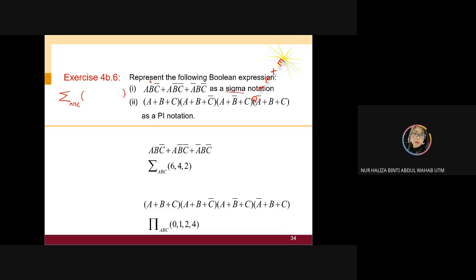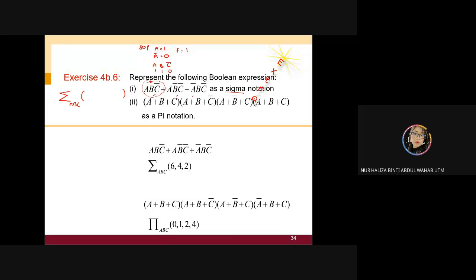Then what is the value? I have 1, 2, 3. Let me check one by one. For the term 1, product term 1 here, I need to remember SOP: A equals 1, A bar equals 0, my output will be 1. So if I have here A, B, C bar, my value will be 1, 1, 0.